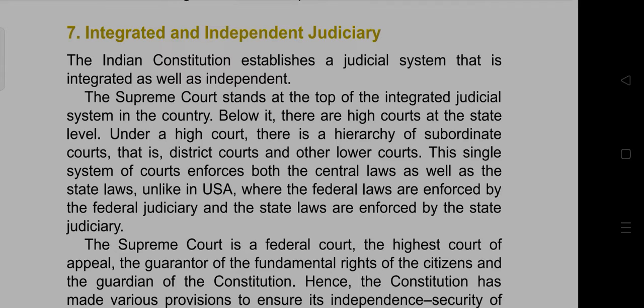The single system of courts enforces both the central laws as well as the state laws. Unlike in the USA, where federal laws are enforced by the federal judiciary and state laws are enforced by the state judiciary.